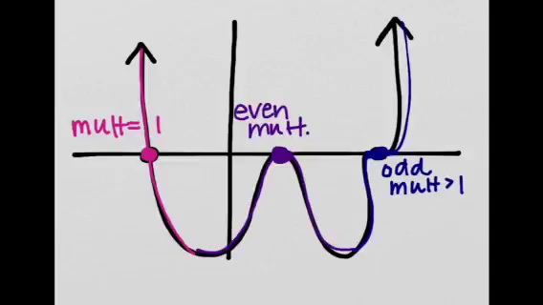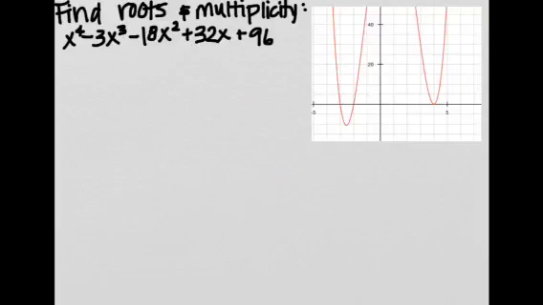So we're going to look at an example to see specifically how we can use this information to determine the multiplicity, and then use synthetic division to confirm what we think is true. So I have an example here. It's x to the 4th minus 3x cubed minus 18x squared plus 32x plus 96.